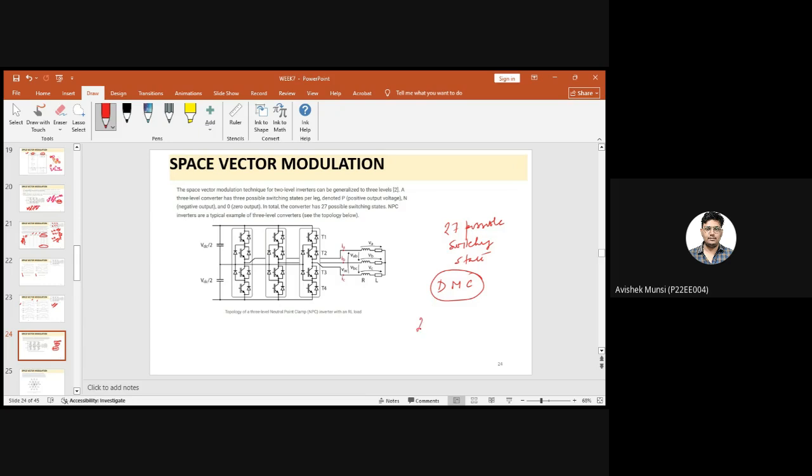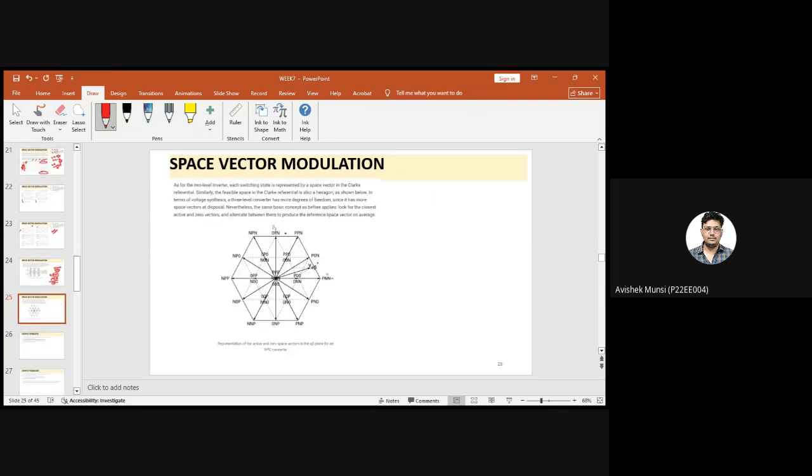We said that in a direct matrix converter for 3-phase we have 512 possible combinations, but out of which, by considering the law, we can have only 27 combinations. Okay. So this is why we prefer to have SVM in case of the matrix converter.